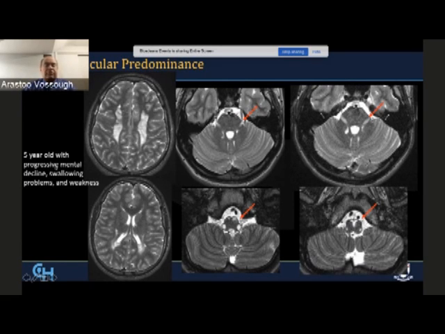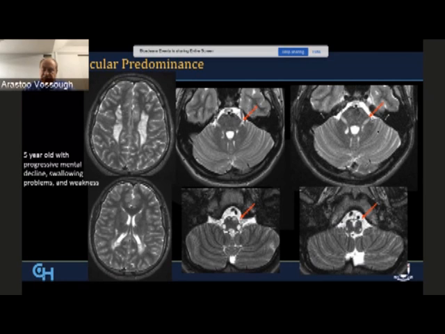This is a 5-year-old patient with progressive decline, and this is a particular pattern in which we can see involvement of the intraparenchymal course of the trigeminal nerve. We have brainstem involvement with involvement of the lateral corticospinal tracts and the decussation of the lemniscus at the midline.